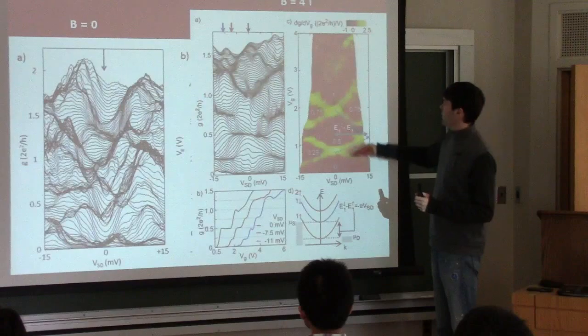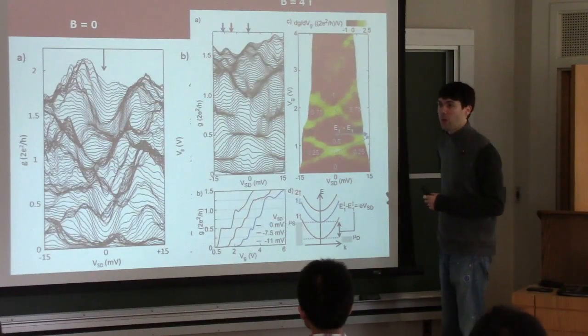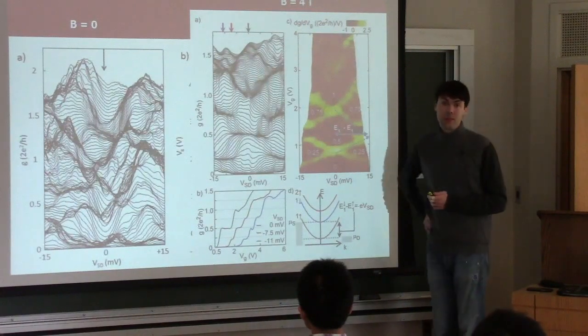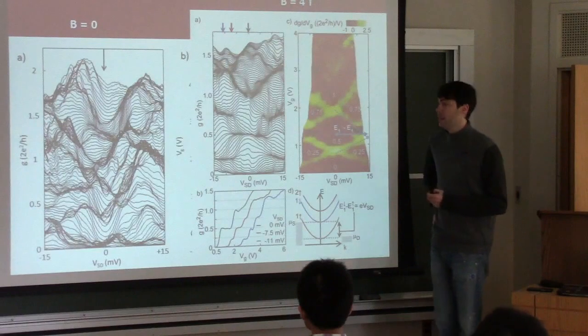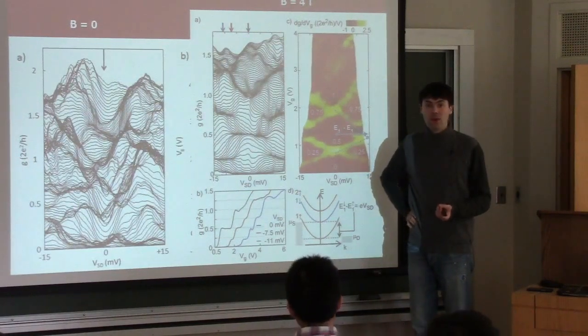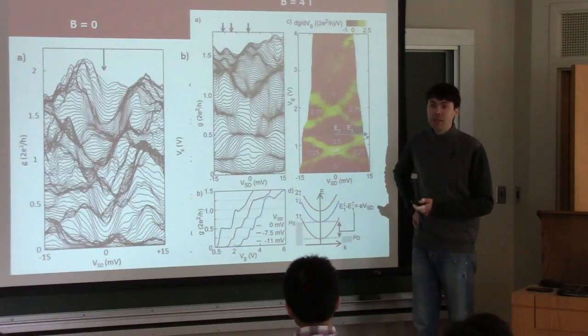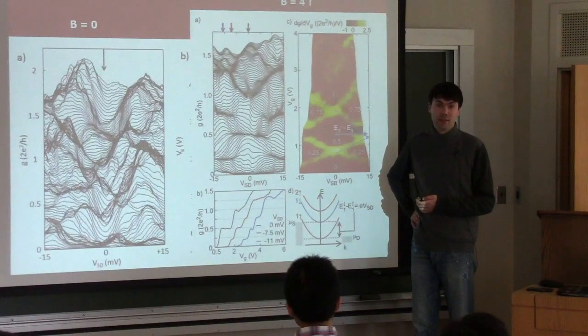Another thing for which this transconductance can be useful is when you want to study the thermal properties of one-dimensional structures. It turns out that things like thermal power, Peltier coefficients, these kind of thermal effects, are directly proportional to dG/dVg, so the transconductance.